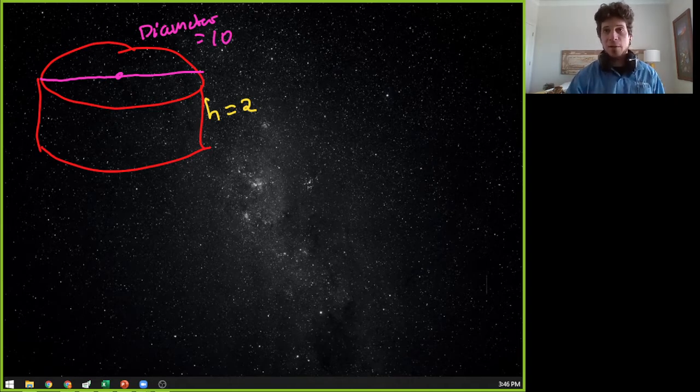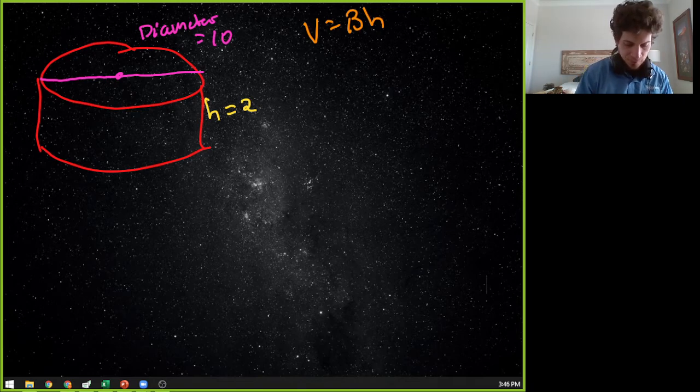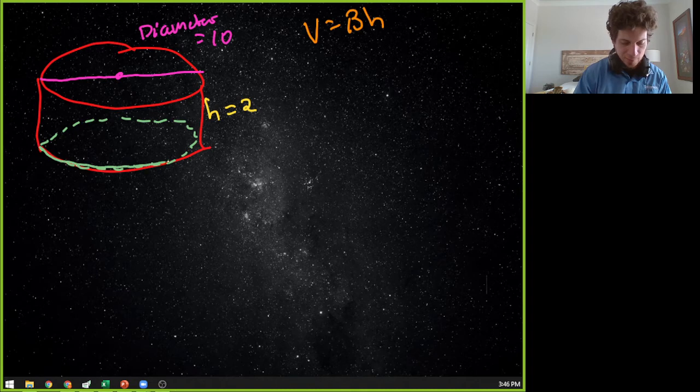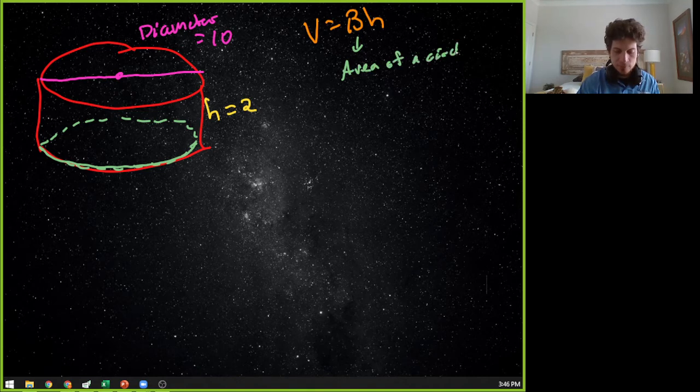Okay, I'm going to pop up our volume formula one more time. Our volume equals base times our height. Let's start with our base, because that's the big one here. Our base is, of course, the circle. I'm going to draw it on the bottom, because usually when you think of a base, you think of it at the bottom of a figure. And so this is the area of a circle. The formula for the area of a circle is, once again, pi times the radius squared.